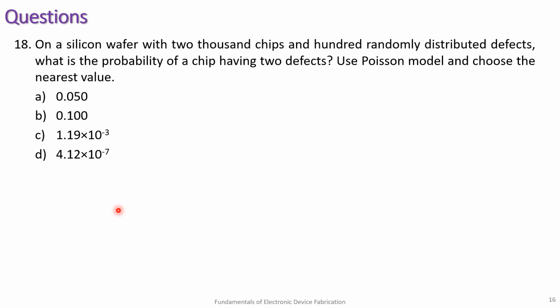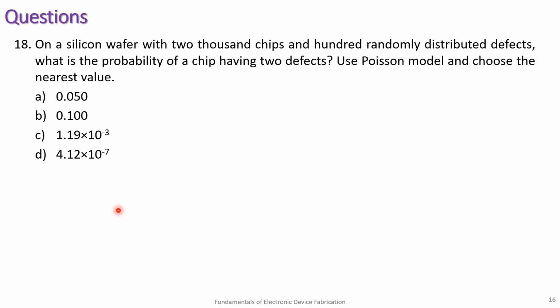Okay. On a silicon wafer with 2000 chips and 100 randomly distributed defects, what is the probability of a chip having two defects? Use Poisson's model and choose the nearest value. They have given the total number of chips and two defects. So you have to find out.